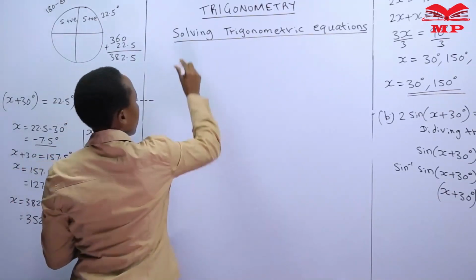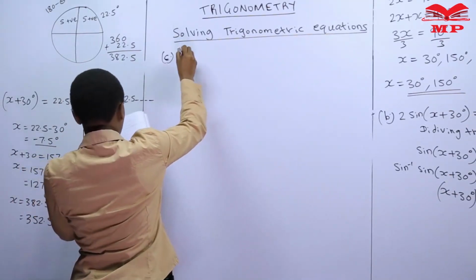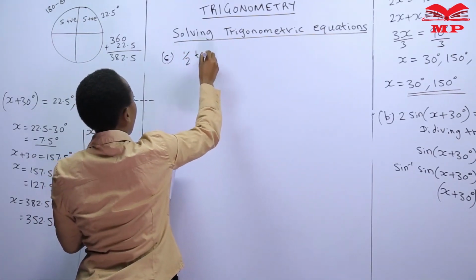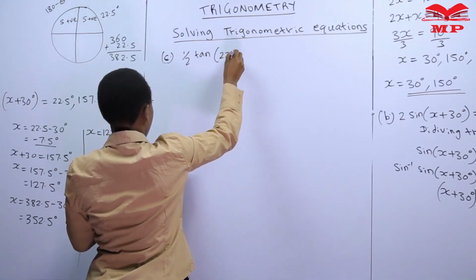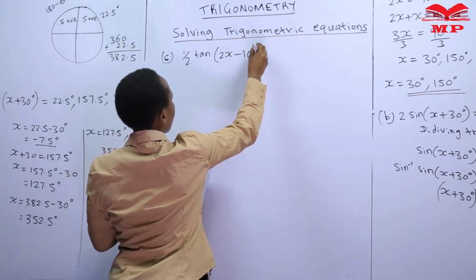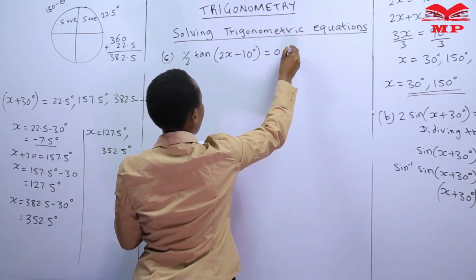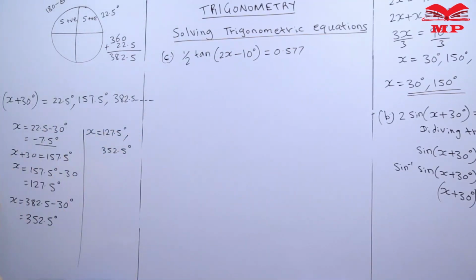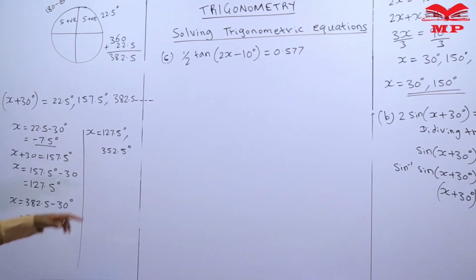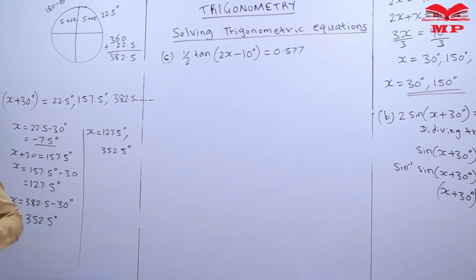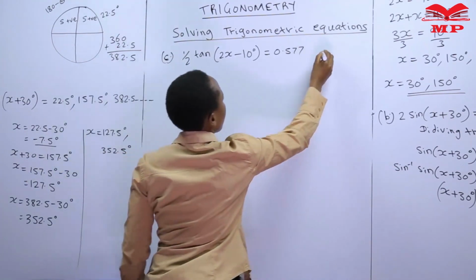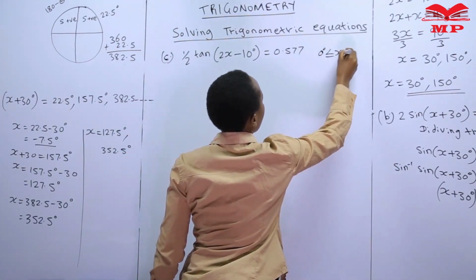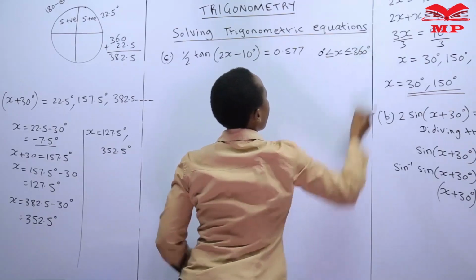In this one we have Part C: a half tan 2x minus 10 degrees equal to 0.577. We require the values of x within the range we have been given, from 0 degrees up to 360 degrees.